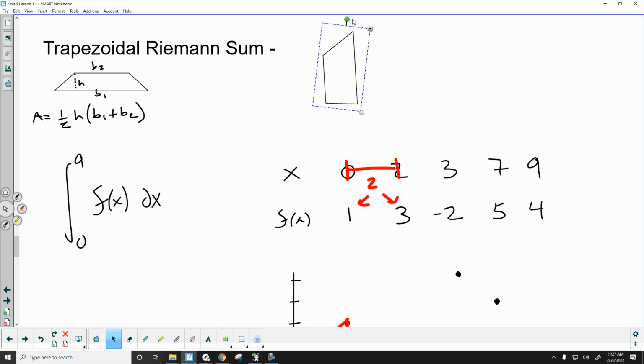Cool. All right. This part is the delta x. This part is our first height, the height on the left. This part is the height on the right. Take these things, fill it into this formula. Go!